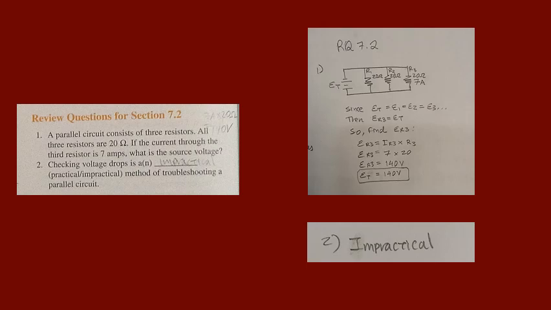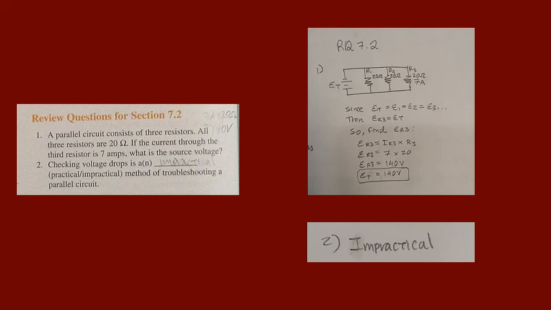Remember, this is the Ohm's law formula, just with a slightly different designator for the resistor number. So it's simply voltage equals current times resistance. In this case, 7 amps that we are given times 20 ohms equals 140. So the voltage total equals 140 volts.